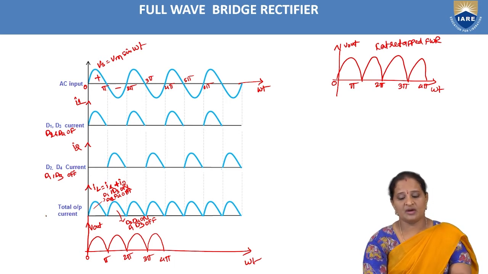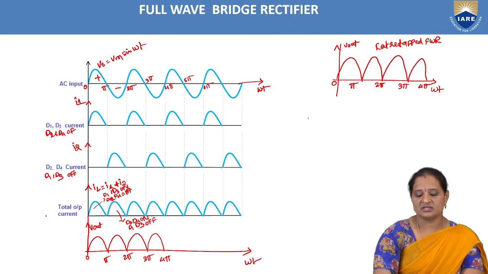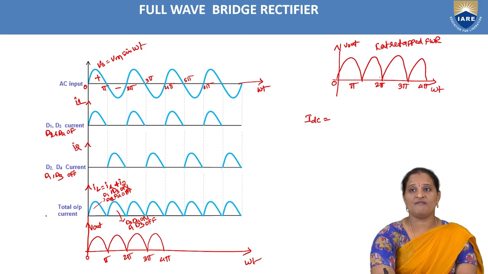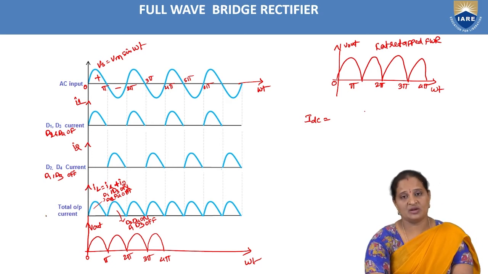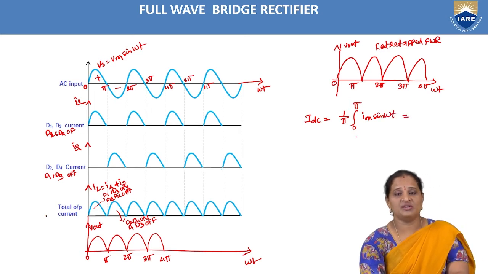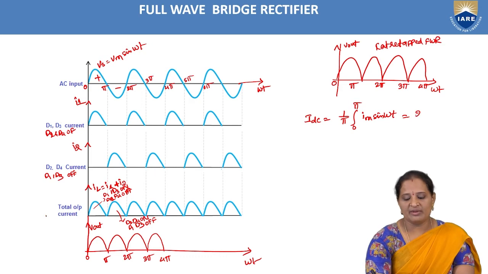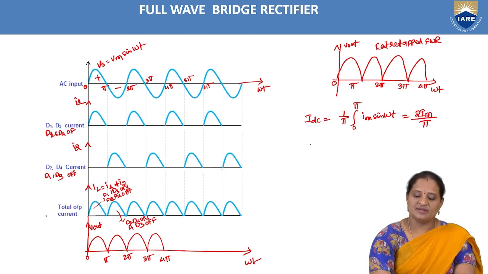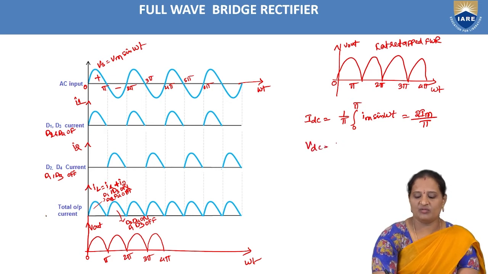So IDC, the average value of current through the load resistor, is given by 1 by pi integral 0 to pi Im sine omega t. If you find this integration and substitute the limits, you will get the value of IDC as 2 Im by pi. Similarly, VDC we will also get as 2 Vm by pi.